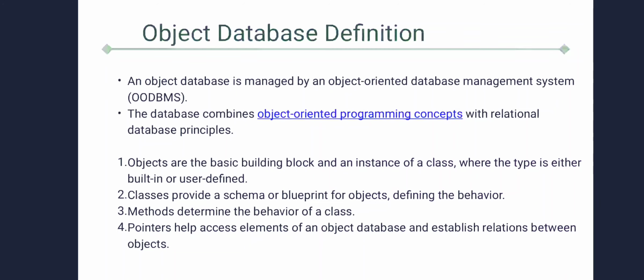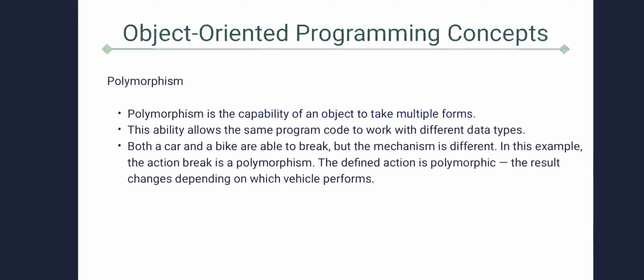Pointer helps to access elements of an object database and establish relationships between the objects. It creates a mediator, or a bridge, between the database relations and the object. The next is polymorphism. Polymorphism means multiple forms with the same behavior.